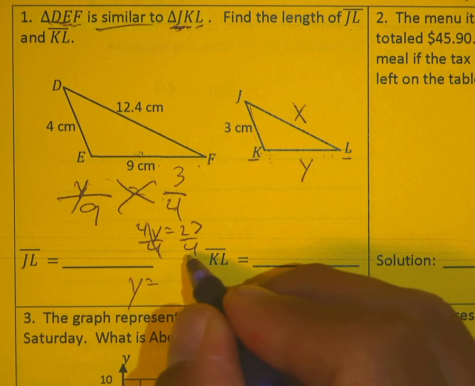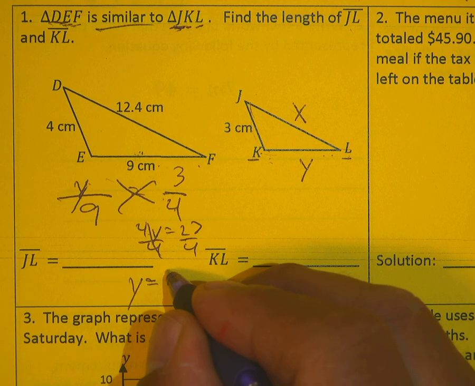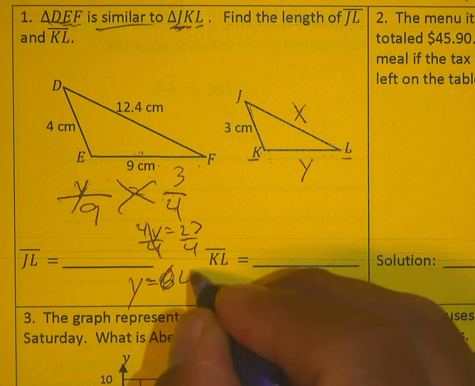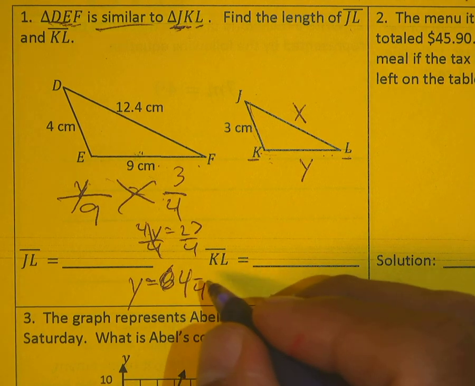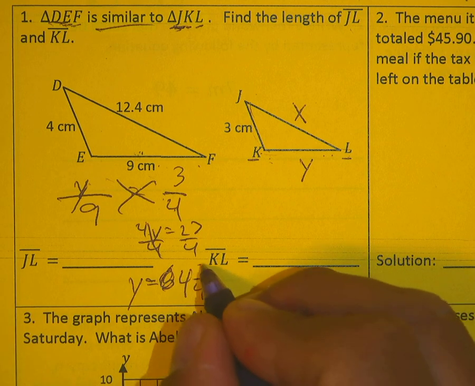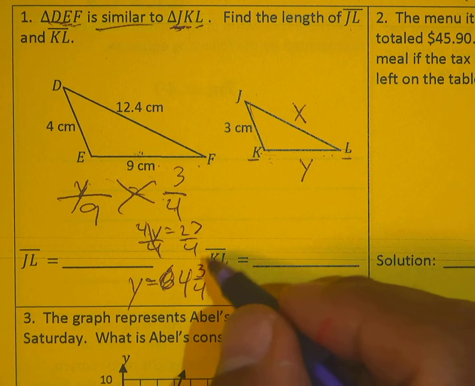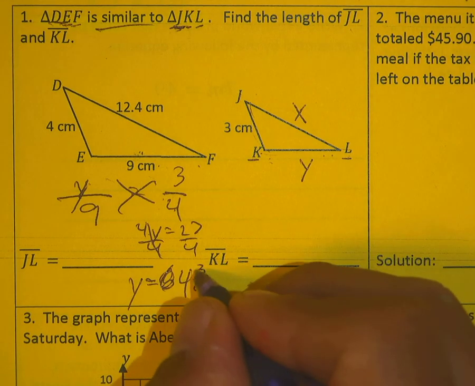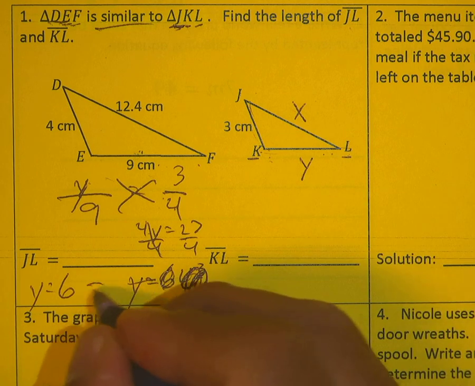How many times does 4 go into 27? 4 times 6 is 24. 4 times 7 is 28, I went over. So 4 times 6 is 24, and how many more are left over? 3. I'm sorry, my fault. So y equals 6 and 3 over 4.